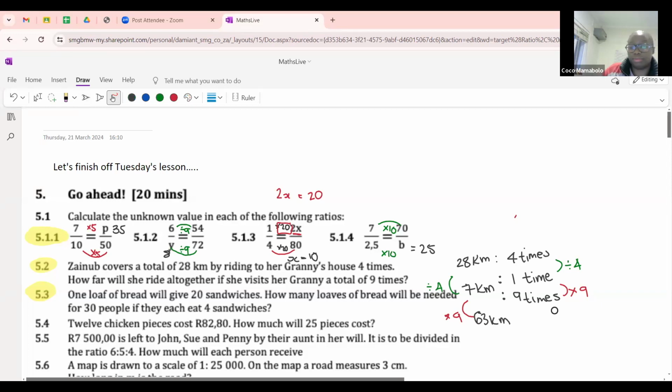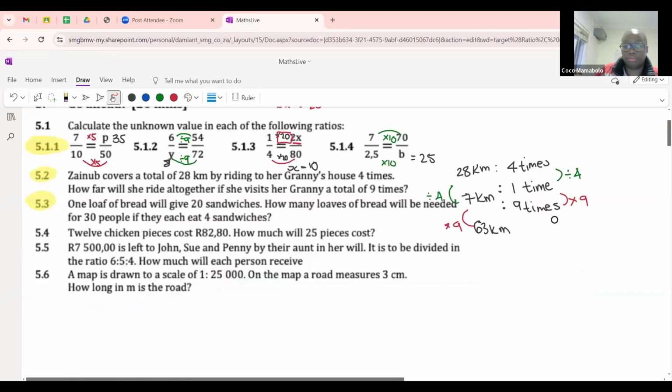Ma'am, I'm going to start by saying we're going to make it into a ratio. When we say 1 loaf of bread makes 20 sandwiches, under 20 sandwiches I wrote 4, sorry.